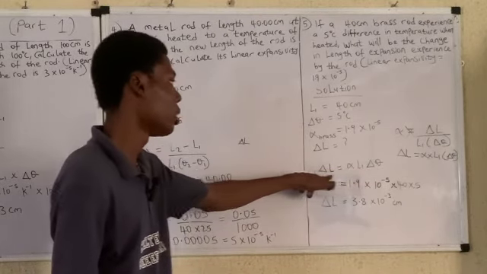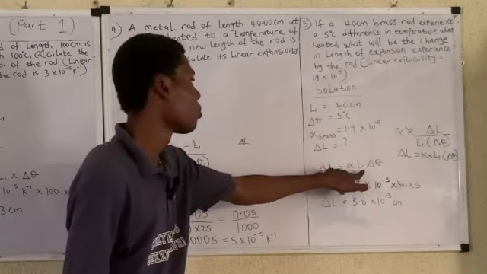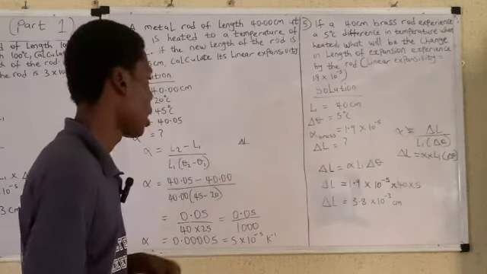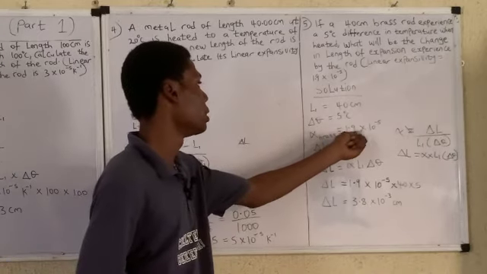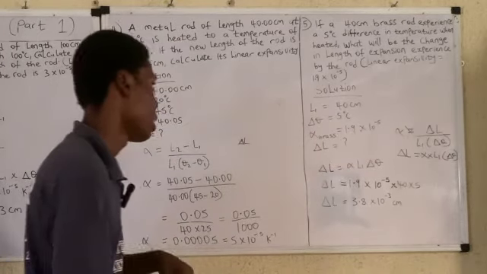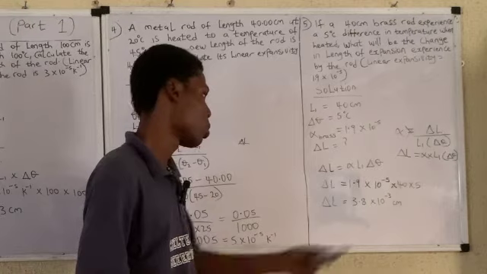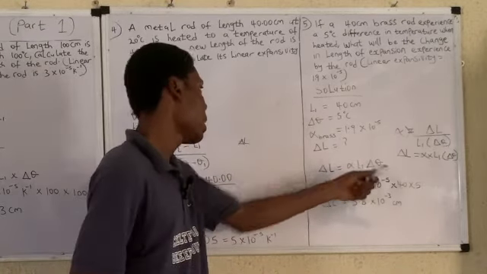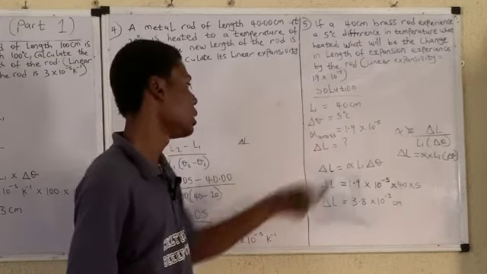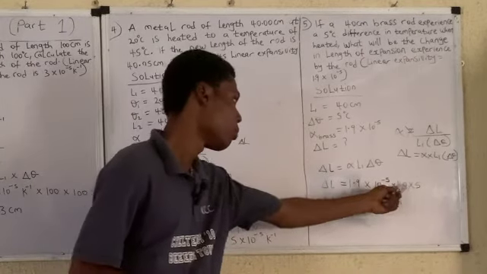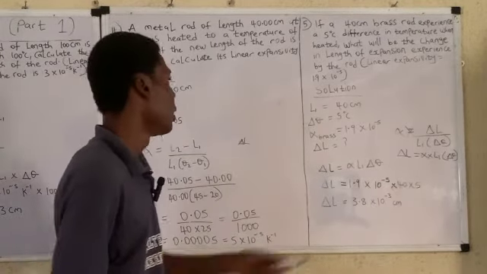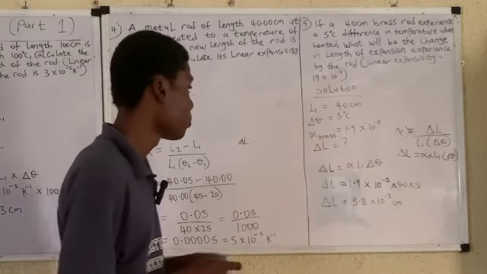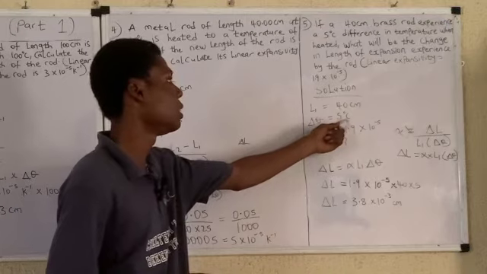So that was how we got our formula here. So now what's our alpha? Our alpha is 1.9 times 10 raised to power minus 5. That is our linear expansivity they gave us. What's our L1? Our L1 here is 40 centimeter. Then our change in theta is 5 degrees Celsius.